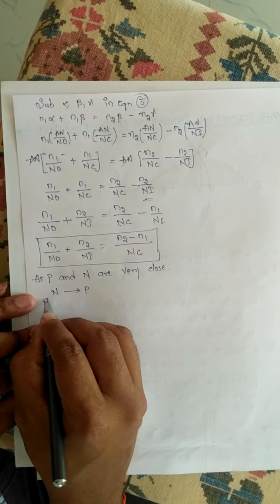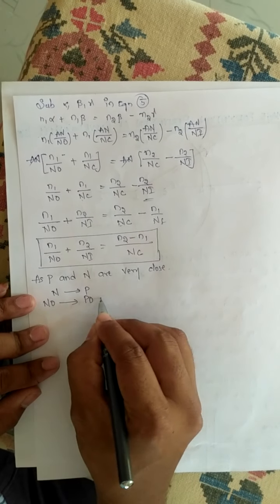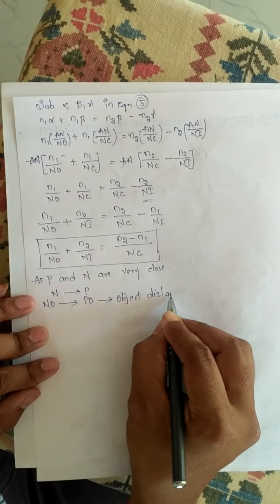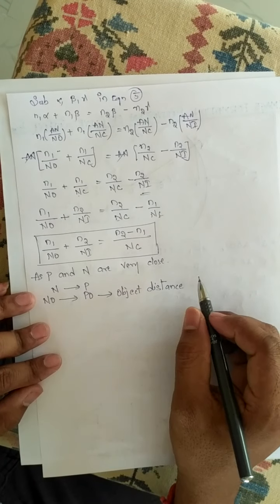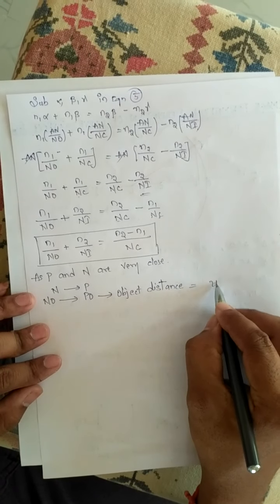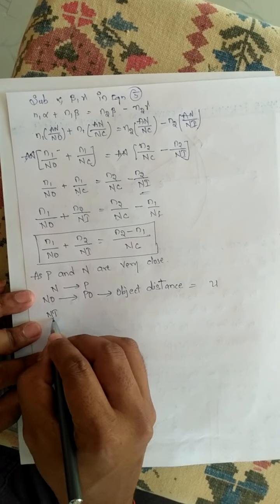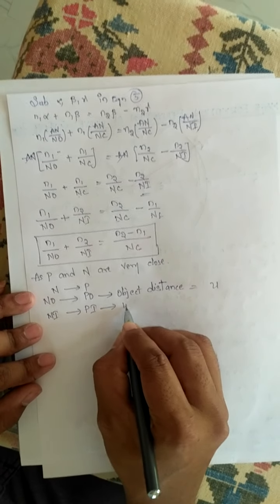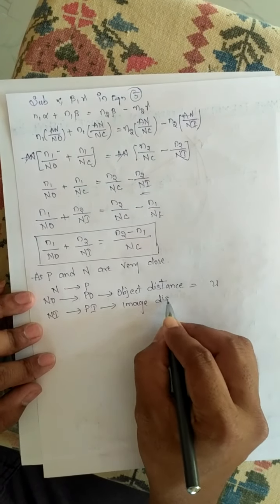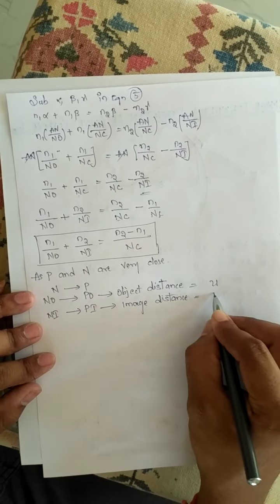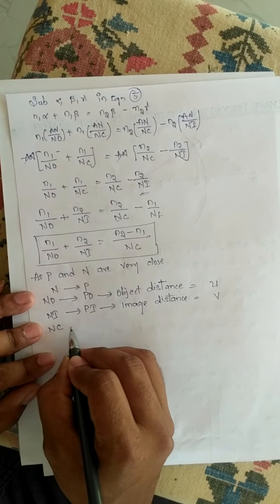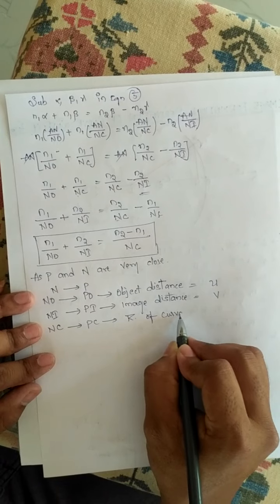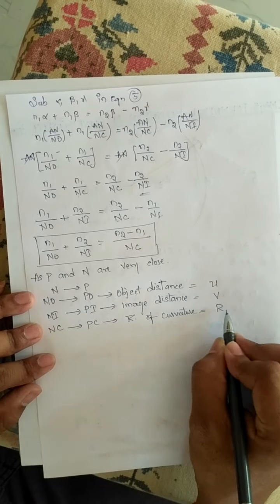Then NO becomes PO, which is the object distance. As per sign conventions, object distance is represented with the symbol U. Ni becomes Pi, which is the image distance, equal to V. Next, NC is replaced by PC, the radius of curvature, which is equal to R.